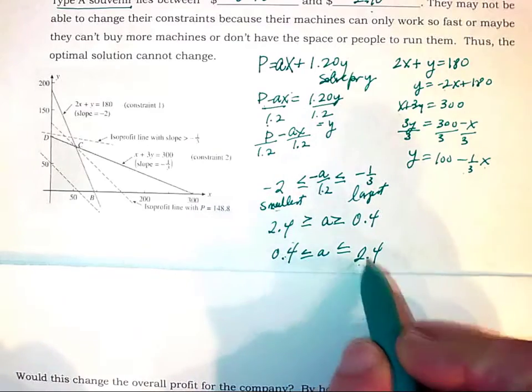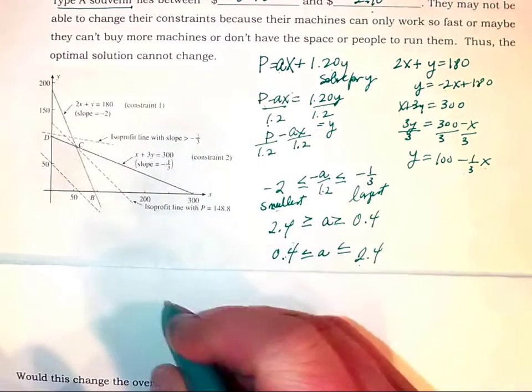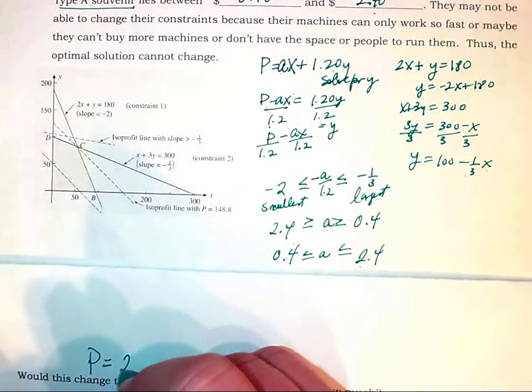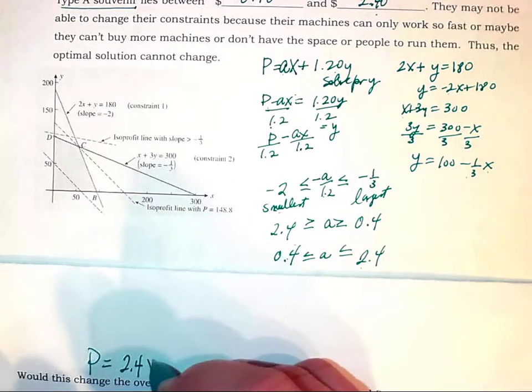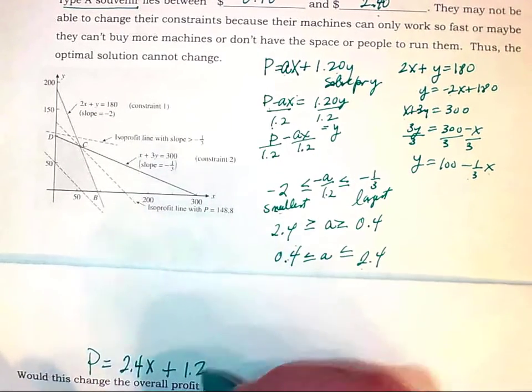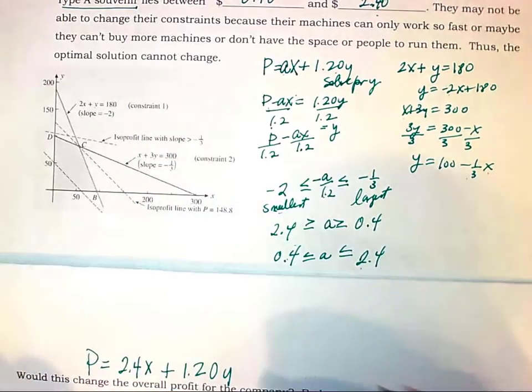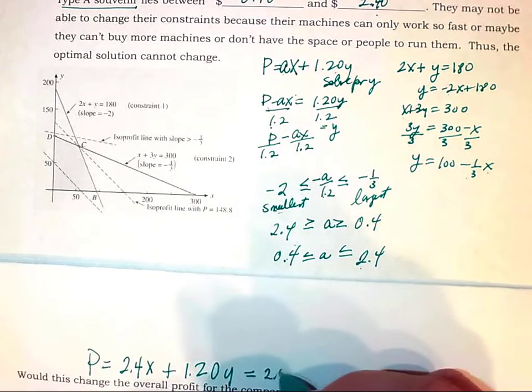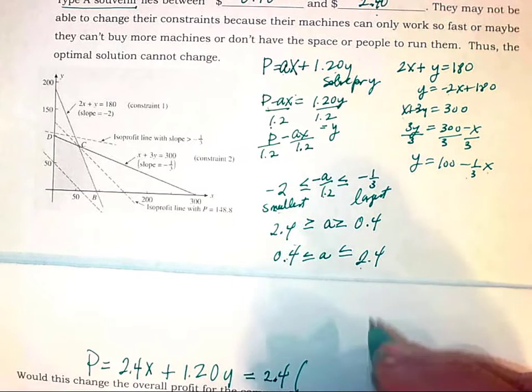So if that A is going to be 2.4 now, so this A right here. So now if P is equal to now 2.4 times X, and we keep that Y fixed at $1.20. Well, let's see what's going to happen here. We'd have 2.4.